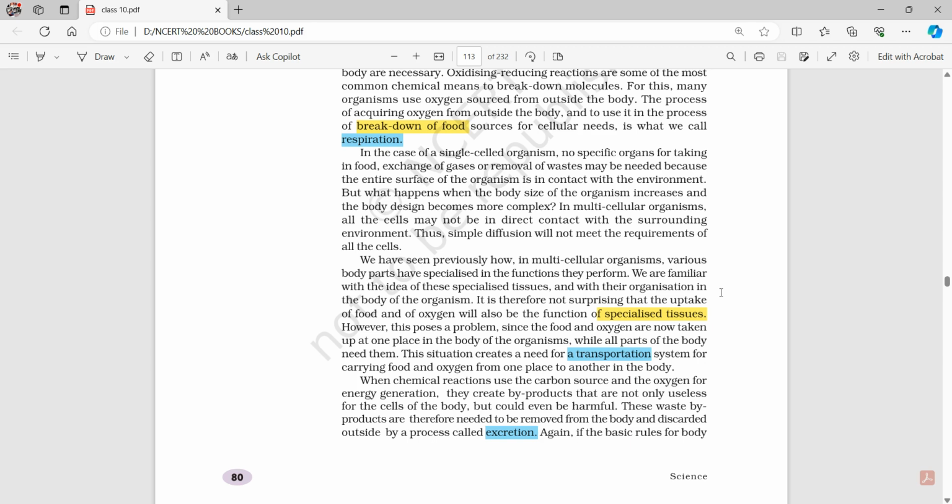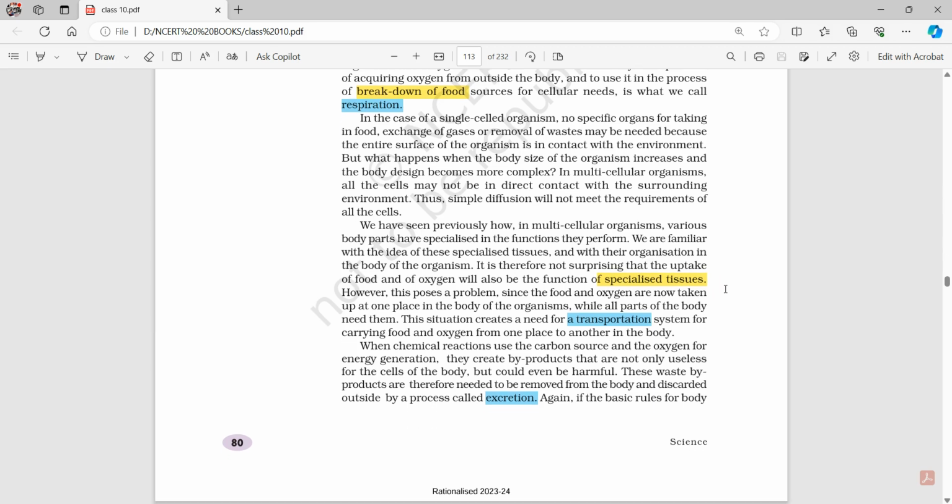We are familiar with the idea of these specialized tissues and with their organization in the body of the organism. It is therefore not surprising that the uptake of food and of oxygen will also be the function of specialized tissues. However, this poses a problem since the food and oxygen are now taken up at one place in the body of the organism while all the parts of the body need them.